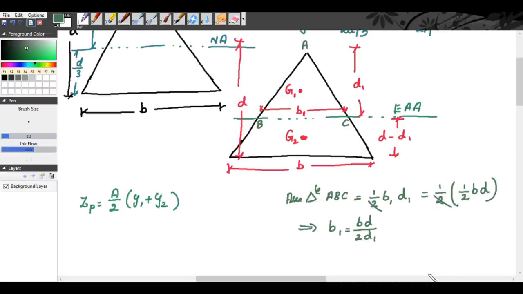Also, these two are similar triangles. This ABC, and you can name ADE. So these triangles are similar triangles.